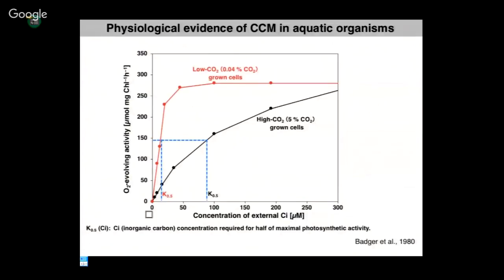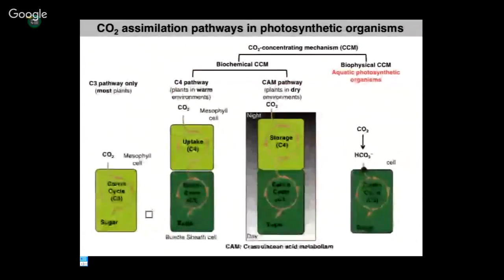So the next slide shows you the different carbon fixation pathways of plant photosynthesis. Many crop plants, rice or beans, contain only the C3 pathway, only the carbon cycle.